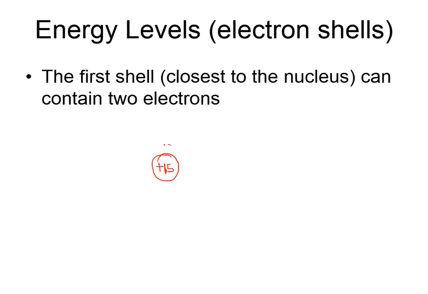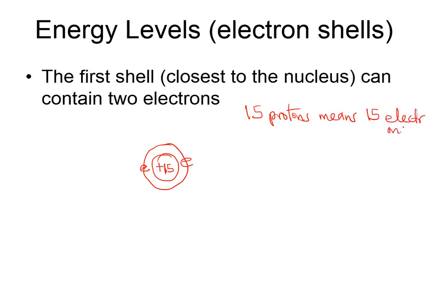From the nucleus, I have the first shell. The first shell is going to have a maximum of 2 electrons. Because if I have 15 protons here, that also means 15 electrons. So we need to take note of that. The first shell will have 2 electrons, and I am remaining with 13 electrons.